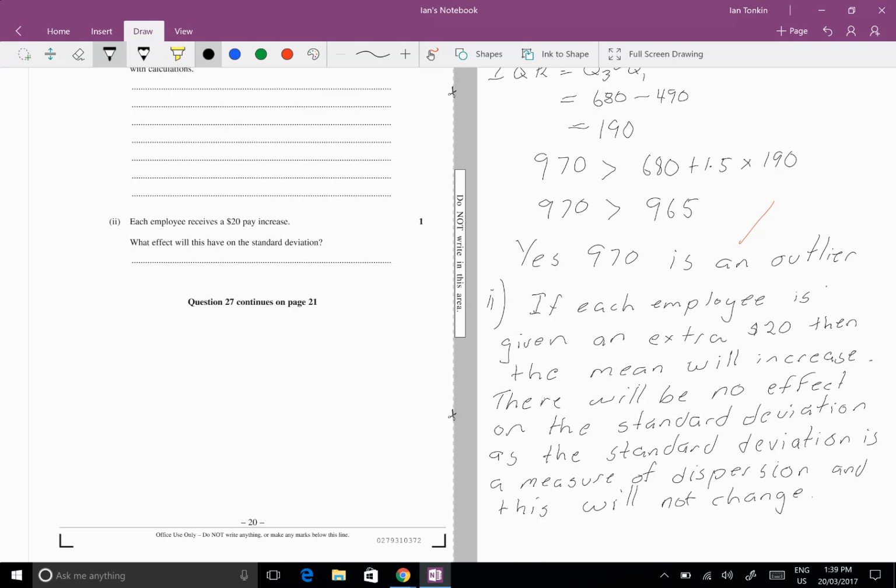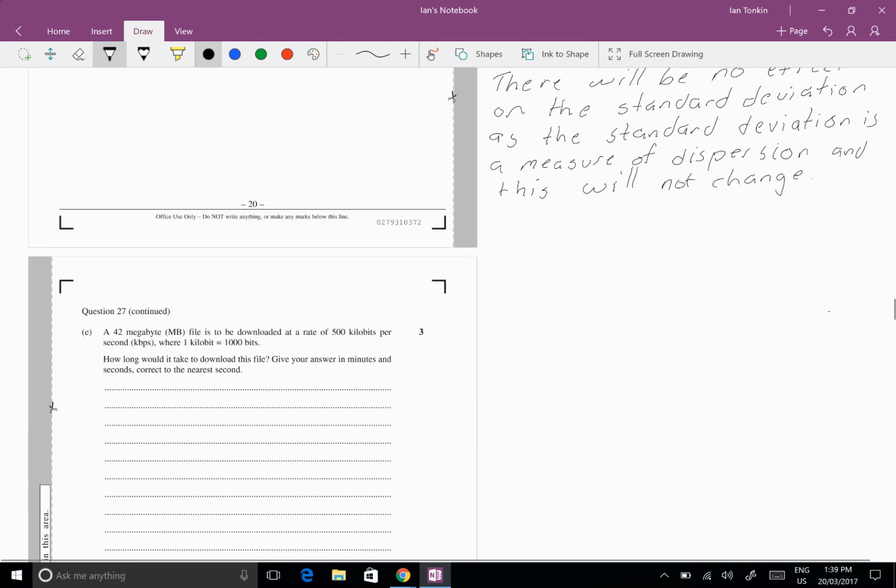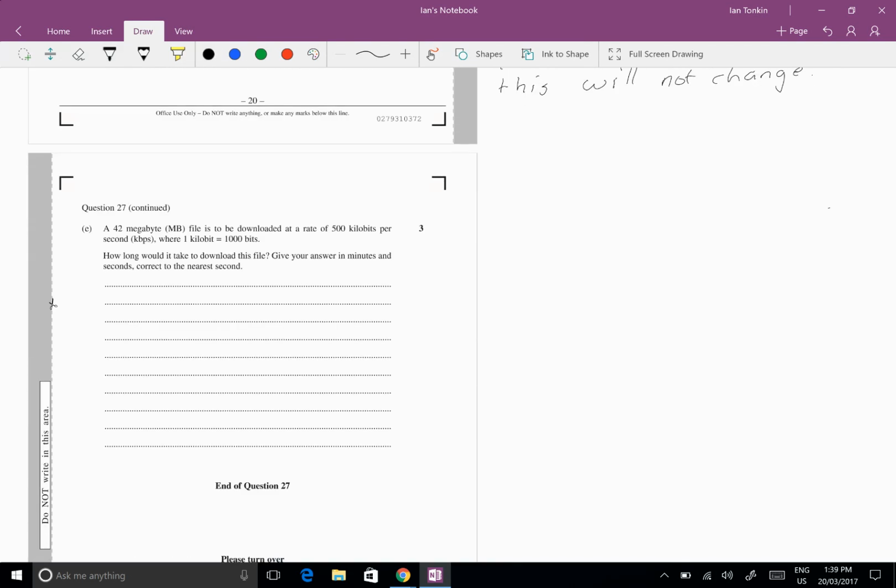And let's move to 27e. It's quite a hard question. Always is. This converting bytes to bits. And we've got to be very careful of bits and kilobits per second and kilobytes and megabytes. It's all very confusing.